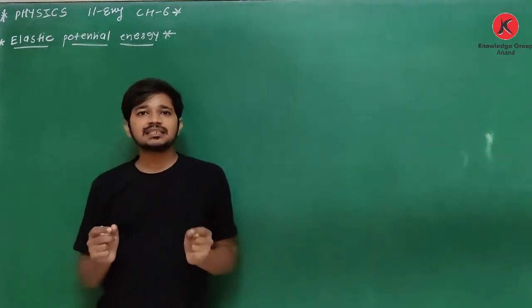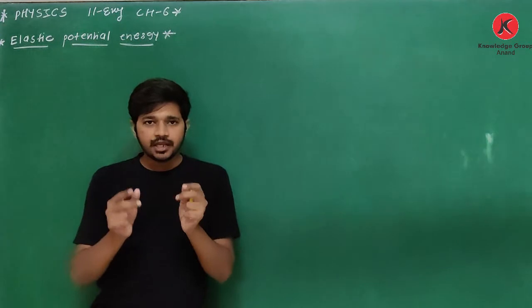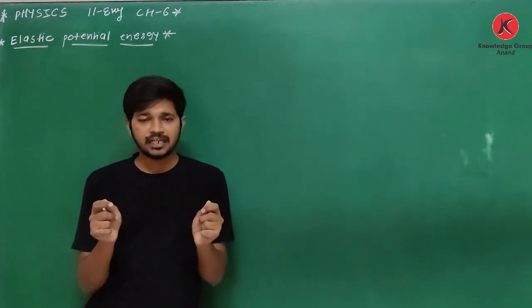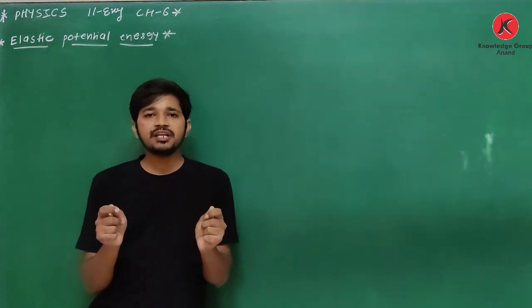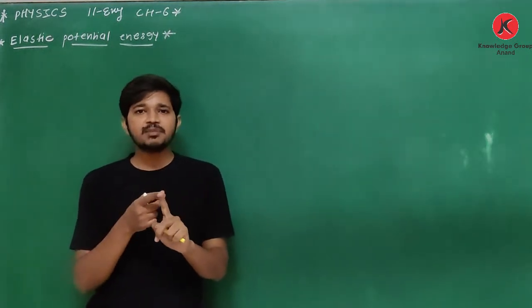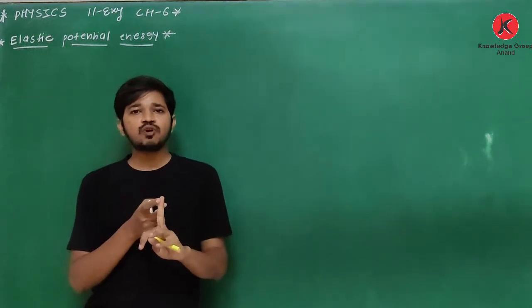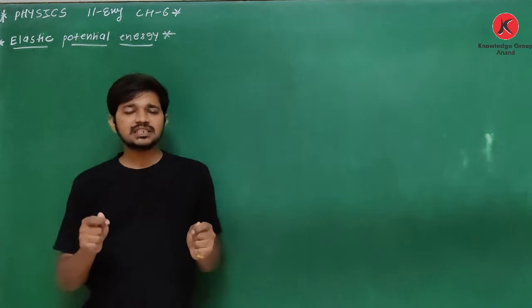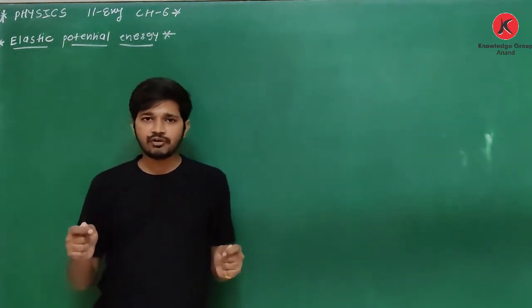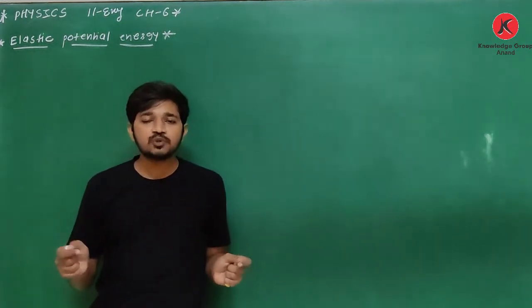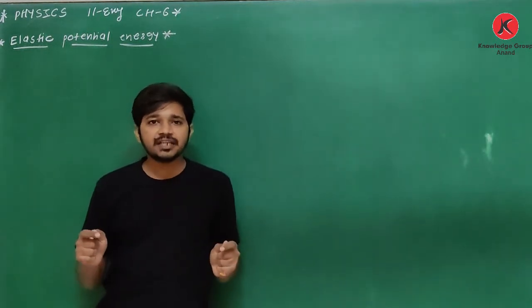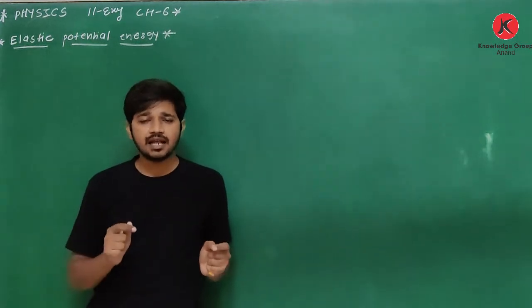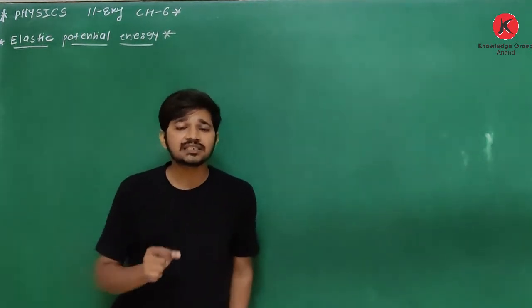An elastic object means if we apply some external force on the object, then due to that force, the body is deformed. Deformed means there may be a change in length, change in volume, or change in shape. If the external force is removed and the object regains its original shape and position, then it is called an elastic object.